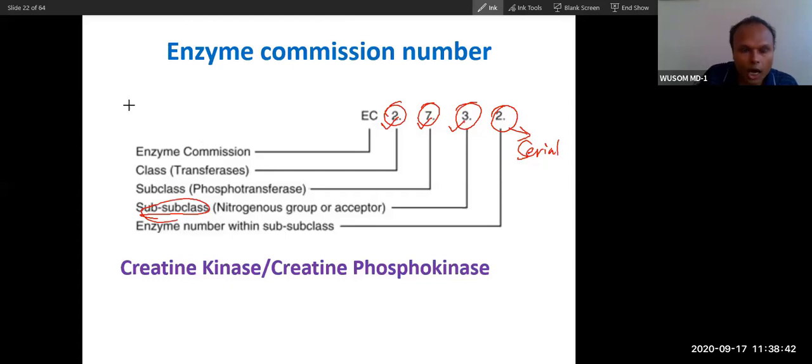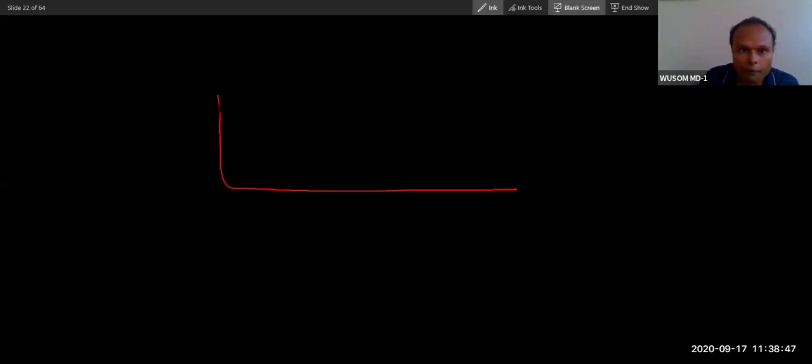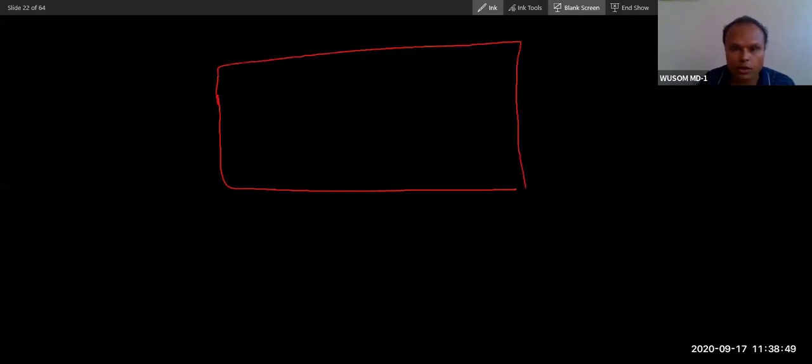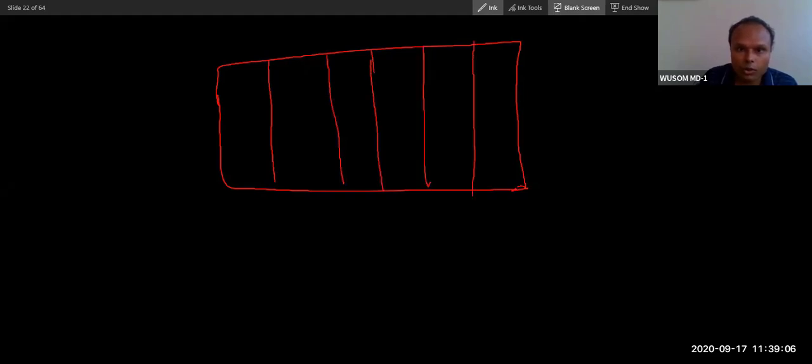So let's draw a box like this. This is the container containing all the enzymes. Just remember like that. Let's divide it into 6 groups: 1, 2, 3, 4, 5, and 6. When you give number 1, the enzyme will come into this box.